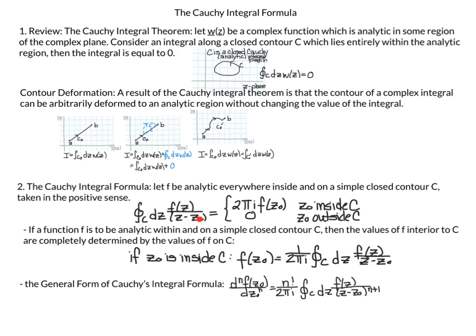If z naught is outside our contour, then we're in the case of the Cauchy integral theorem, and we can say the integral is equal to 0. However, if it's inside, then the Cauchy integral formula tells us how to deal with this case. So if z naught is inside, then the integral is equal to 2 pi i times f evaluated at z naught.